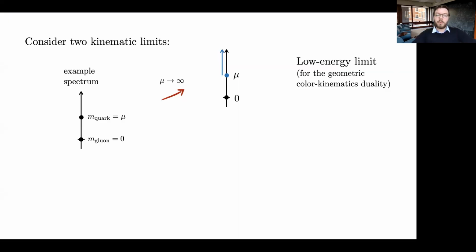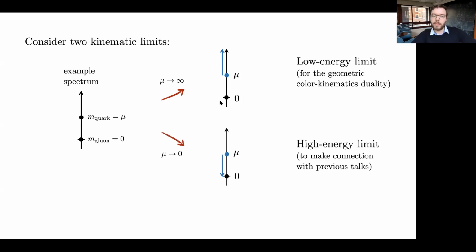As a matter of fact, what we're going to do is consider two separate kinematic limits. An example spectrum coming out of these kinds of computations involves some massless and massive states, which might be what we've seen before. One limit is the low energy limit, in which we take this mass scale to infinity and all the massive particles decouple. And that's what we're going to need for color-kinematics duality.